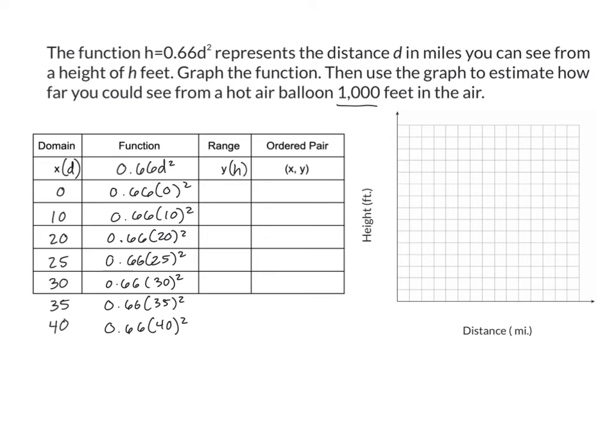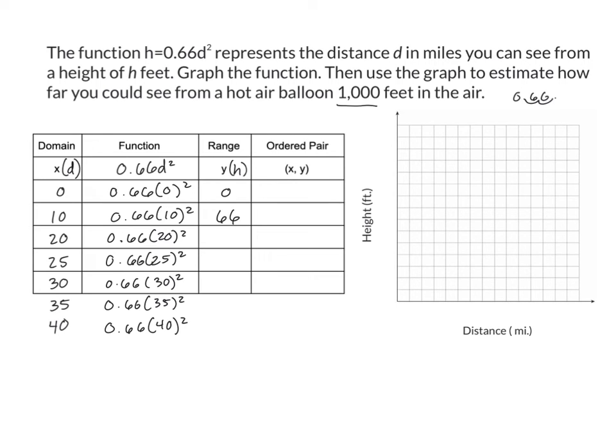And then let's solve for h. So we've got 0 squared, which is 0. 0 multiplied by 0.66 is 0. So it does pass through the origin. So 10 squared is 100. So if I multiply 0.66 times 100, just moving the decimal place 2 to the right, so it's 66.